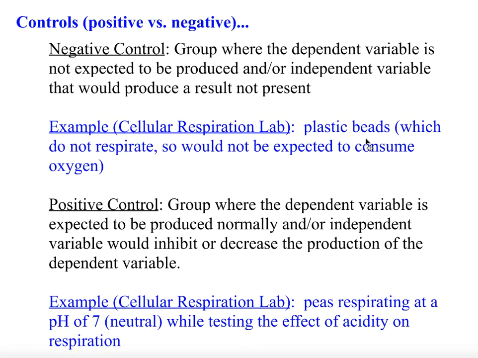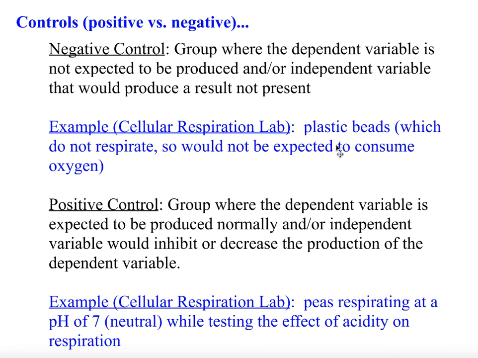Okay, last thing, controls, positive versus negative. So a negative control is a group where the dependent variable is not expected to be produced. Like you're not expecting a result to happen, usually because the independent variable isn't there, right? Well, a negative control is just going to be, for example, in the cellular respiration lab, the plastic beads, right?